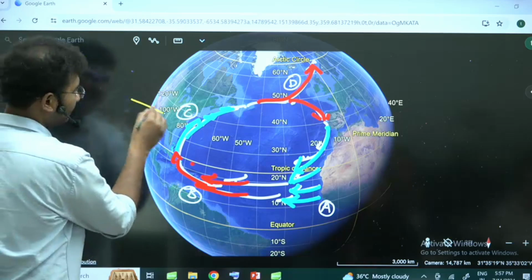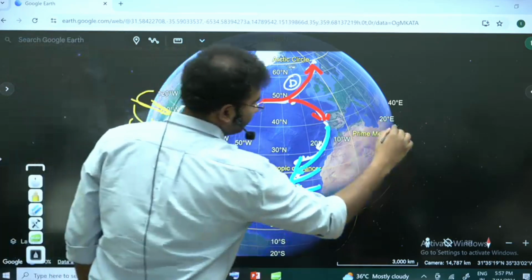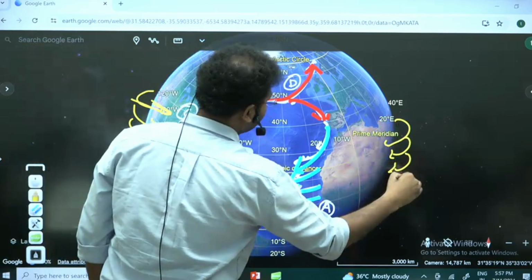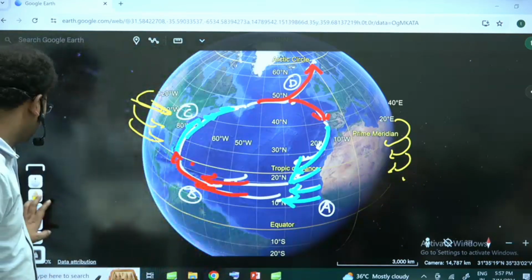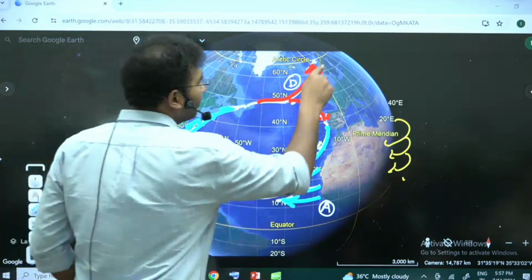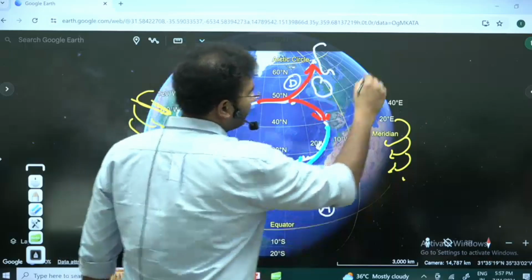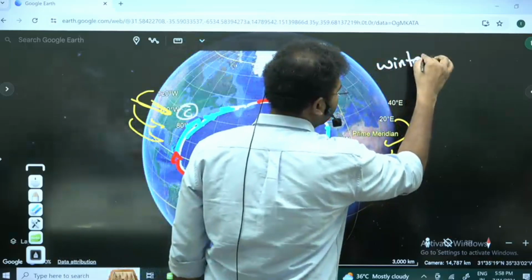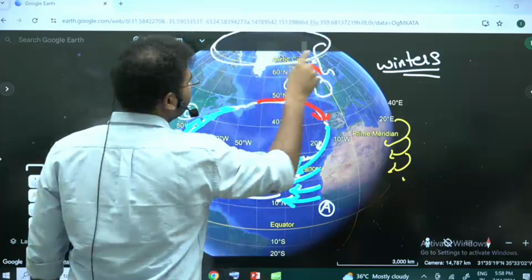That means these are westerly winds. The winds are coming from west to east, and here the winds are coming from east to west. Right? This is how it is. And look, this part of the area, especially Norway and the UK, during the winters, this entire area is frozen.